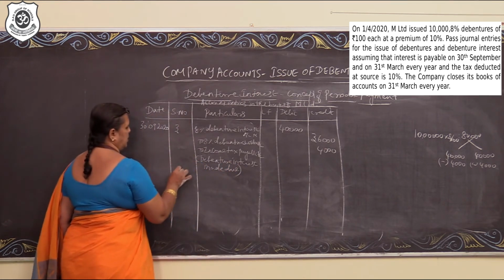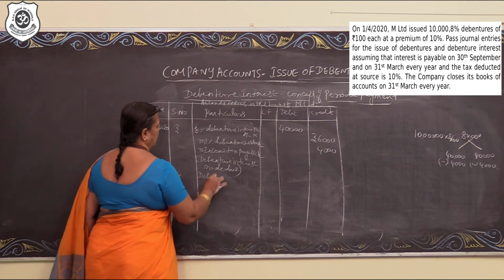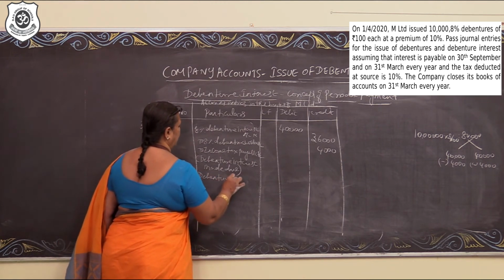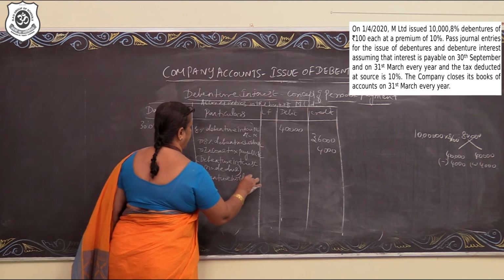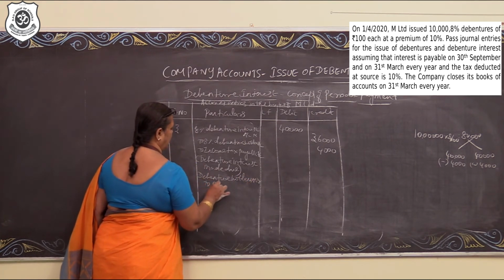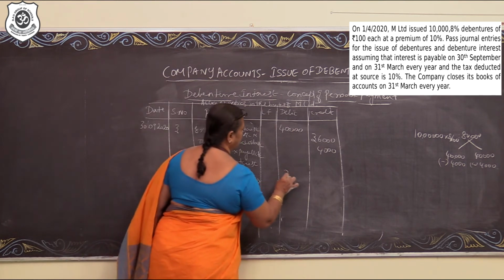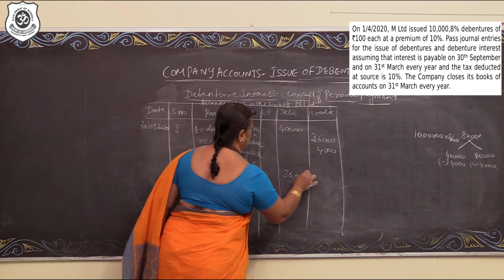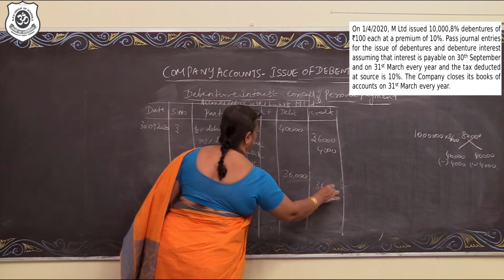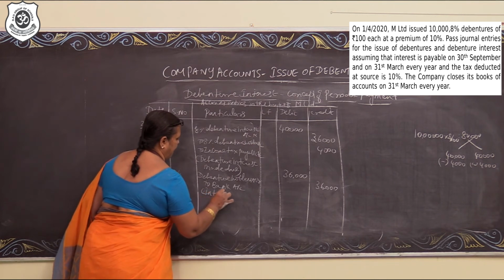The second entry will be for payment of debenture interest. So, debenture holders account debit to bank account, which will be 36,000. Interest paid.